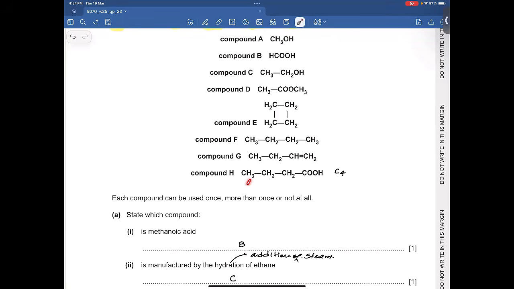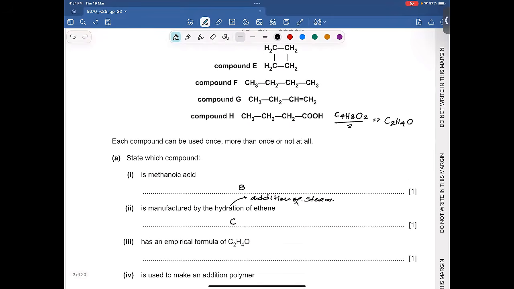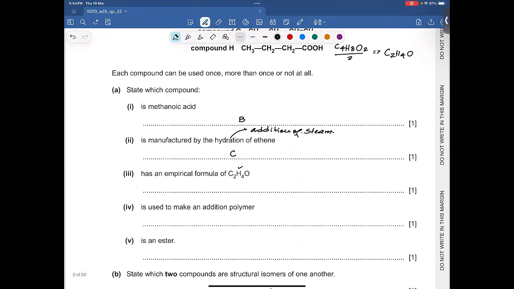In this, 3 plus 2, 5, 5 plus 2, 7, 7 plus 1, 8. 8 hydrogen atoms and 2 oxygen atoms. When we halve the molecular formula, you will get the empirical formula. So it's going to be C2H4O. So examiner is looking for the exact empirical formula. So compound H gives you the empirical formula.